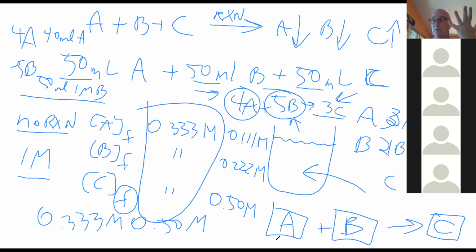If I added equal volumes of A and B, I'd have A left over because it only takes 4 moles of A to react with 5 moles of B. So basically, by changing the amounts, you should be able to figure out exactly what's the perfect amount of each one so that they react completely. Does that answer your question?